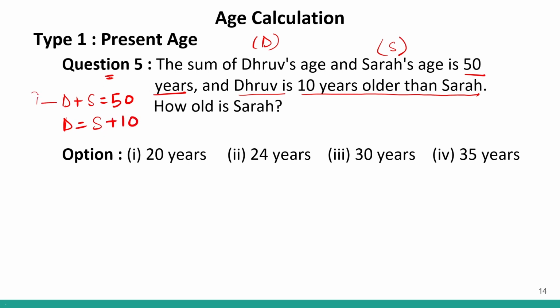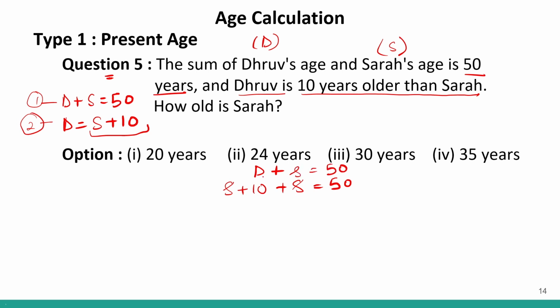So, let's say this is equation 1 and this is equation 2. From equation 2, can I put the value of D into equation 1? Yes. So, this is D's value. So, S plus 10 plus S will be equal to 50. Let me take small s, to avoid confusion.